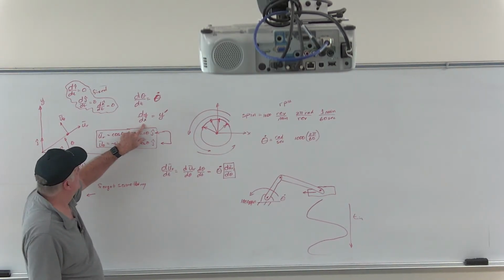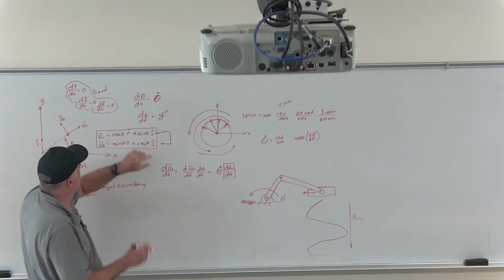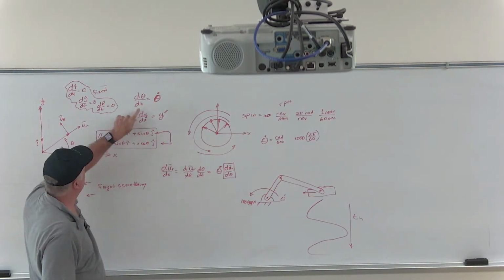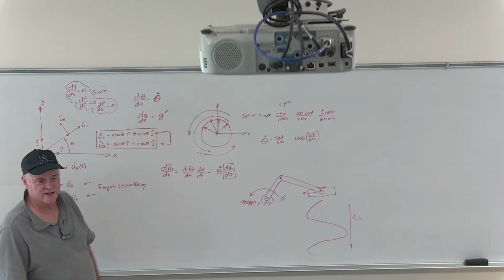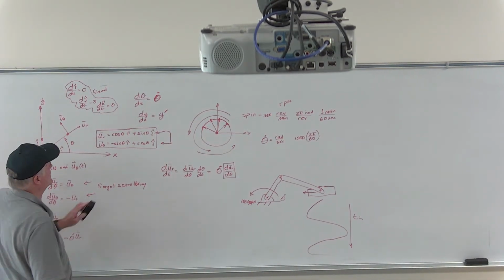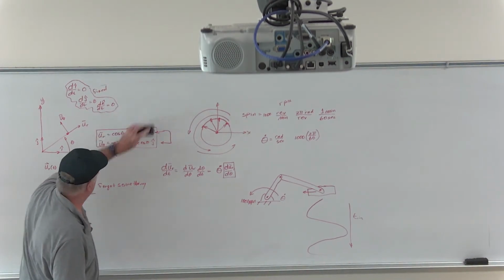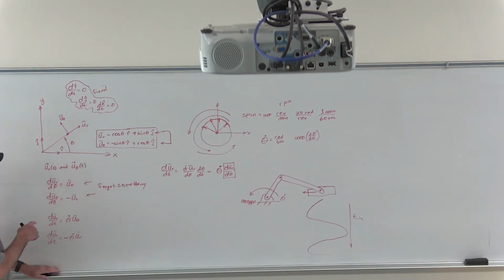Well, if it's with respect to time, it's special, and being special means you don't get the prime, you get a dot, and that's all it is. So the theta dot is basically that. And what I'll do is I'll turn this into a mechanism in a second.